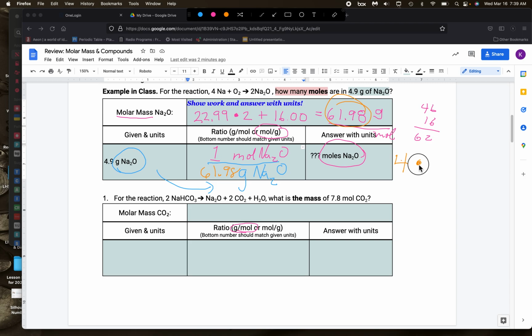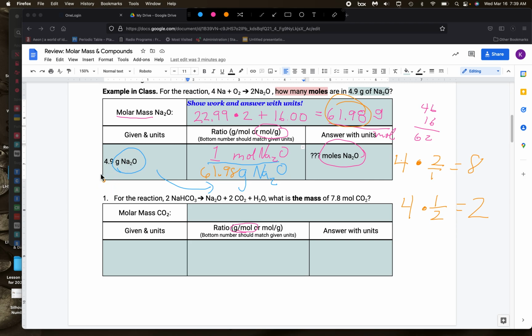If you take 4 times 2 over 1, you end up with 8, which is a multiplication. So if my number, 61.98, was over 1, I would do a multiplication. But if you have 4 times 1 over 2, so now my number's on the bottom, that's actually a division. Multiplying by the inverse is a division.